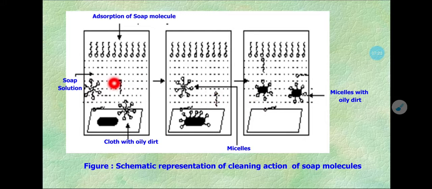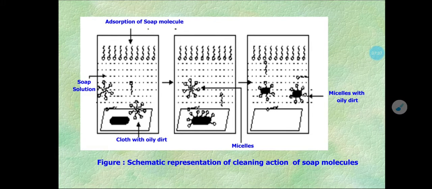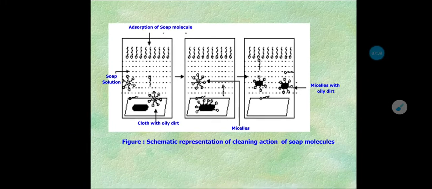So in this way, the cleaning action of the surfactant molecule takes place. So this is a micelle with oily dirt. It will go away with water. In this way we can clean the dirty cloth.